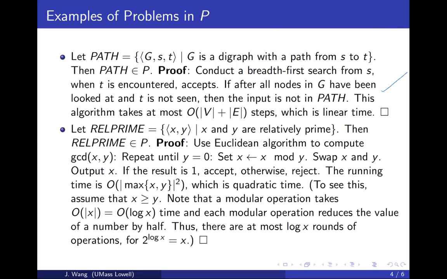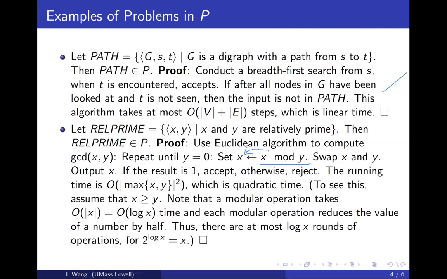The proof is to use the Euclidean algorithm to compute the greatest common divisor, GCD, of x and y. Repeat the following until y becomes 0: compute x mod y and assign the new value to x. Then we swap x and y, and output x.